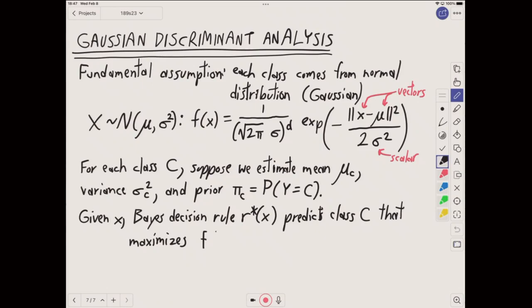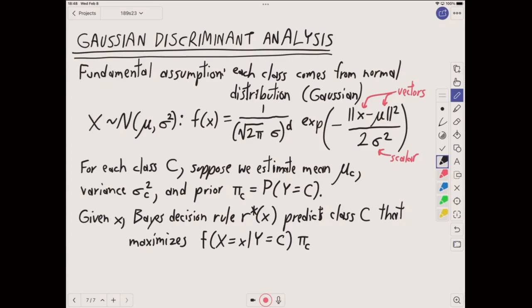Maximizing the posterior probability is equivalent to maximizing this thing. We know that from Bayes' theorem. So we just apply this rule. We know f, having estimated the parameters. We know pi, because we estimated that as well.